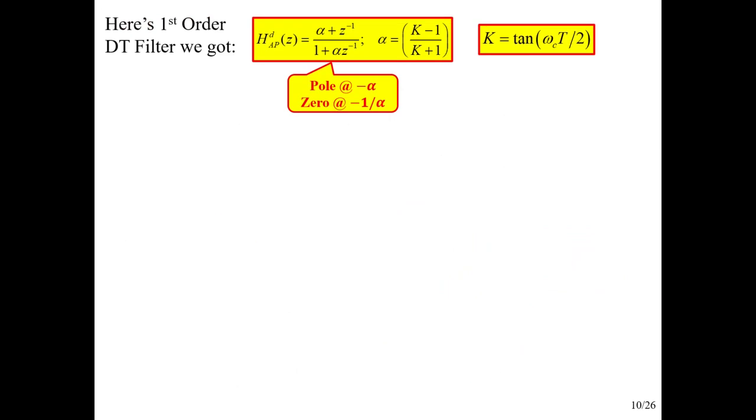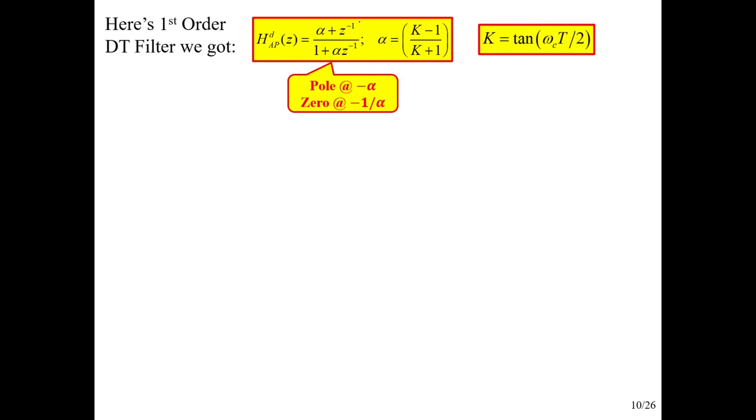So they're just, again, restating what we got in some nice yellow boxes there and pointing out where the poles and zeros are. If you find the poles of this, you'll find that you get a pole at minus alpha. If you find the zero of that, you'll find that you have a zero at minus 1 over alpha, reciprocally related.